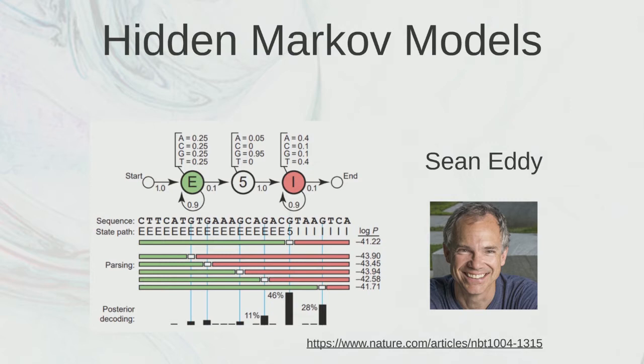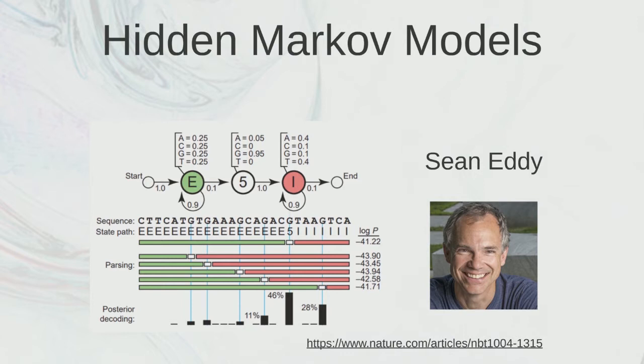Now that you have all this data, you can say, okay, if we put this sequence into the model, what's the chance that this is the correct location of the 5' splice site? What's the chance if this is the correct location? What's the chance if this is the correct location? So we do that for every possible site. It's called the posterior decoding, and you get a probability or a percent.